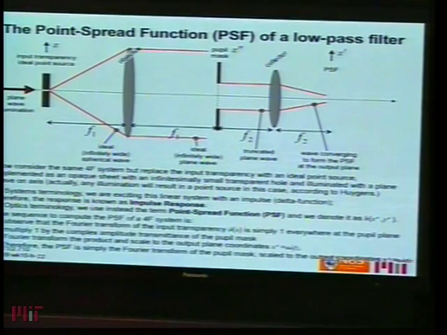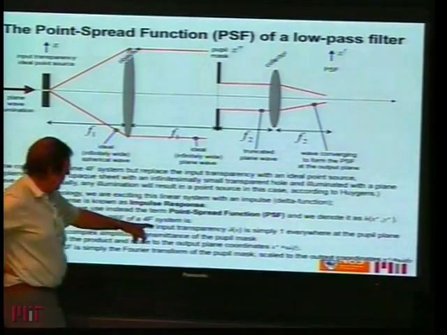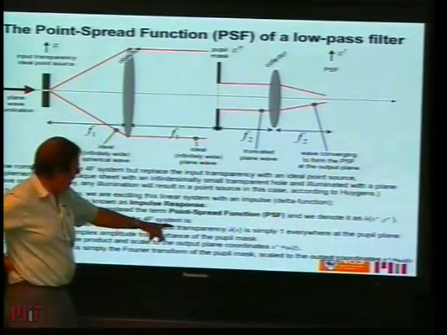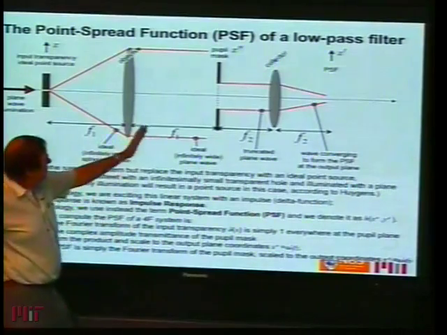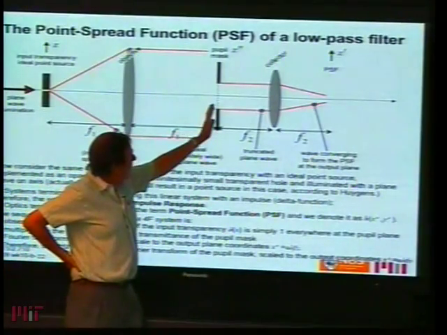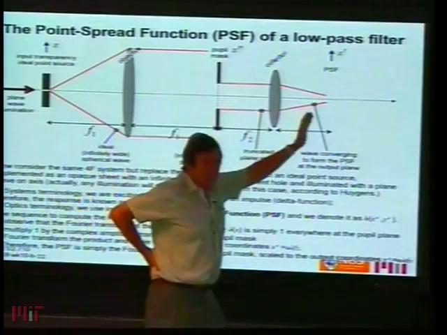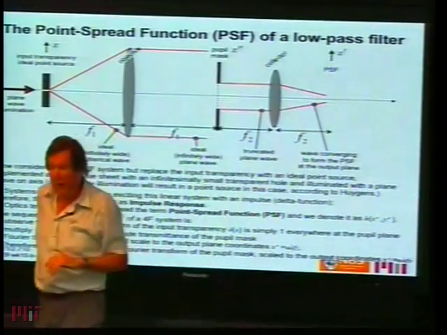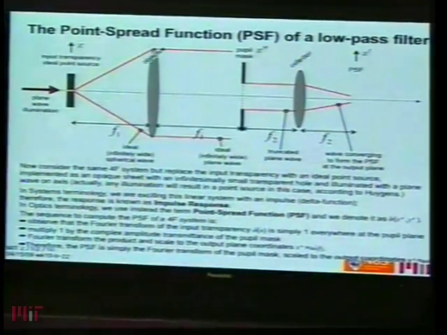And this is just describing again how you calculate this 4F system. We notice that the input transparency of a delta function gives 1 here. You multiply by the pupil mask, and then you do another Fourier transform to find the image.